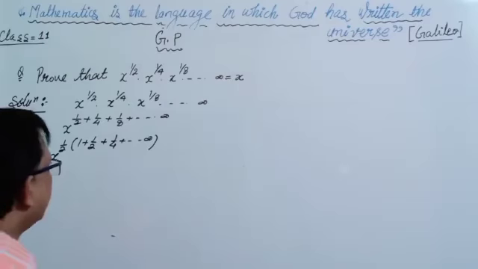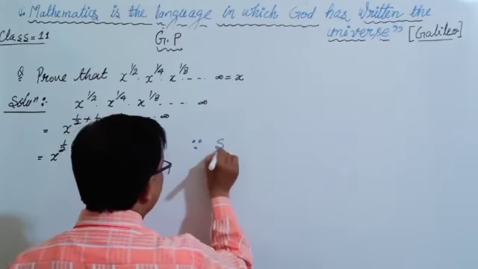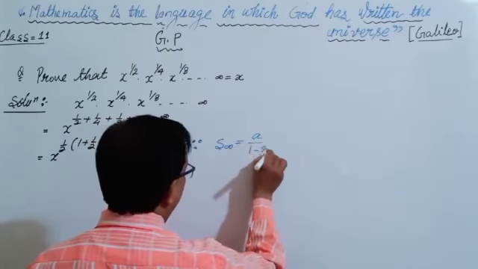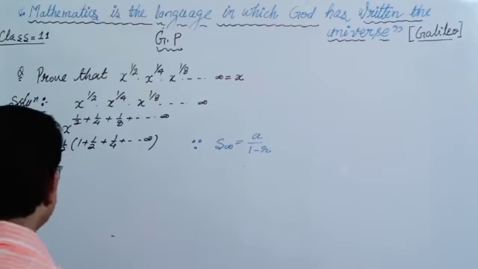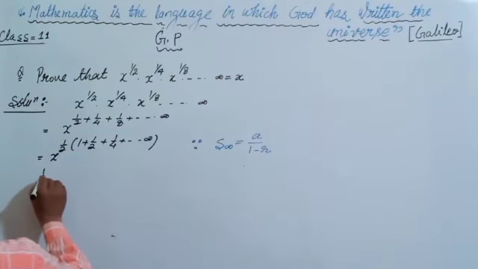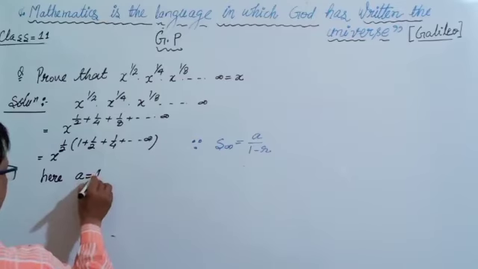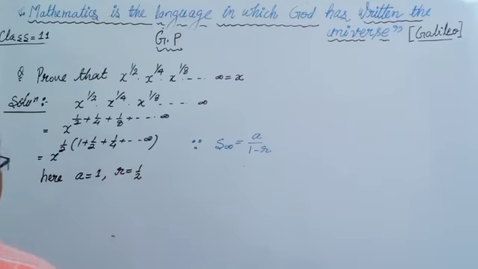Here we write the formula for the sum of infinite terms in GP: S infinite is equal to A upon 1 minus R, where A is the first term and R is the common ratio. So student, here A is equal to 1 and R is equal to 1 by 2.